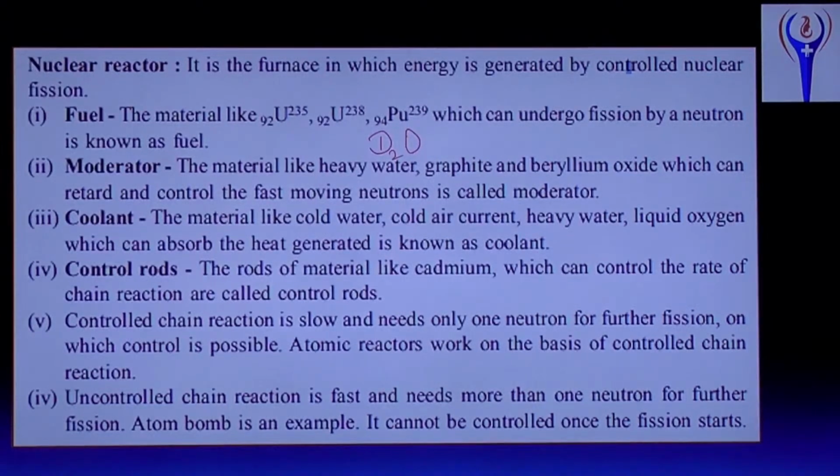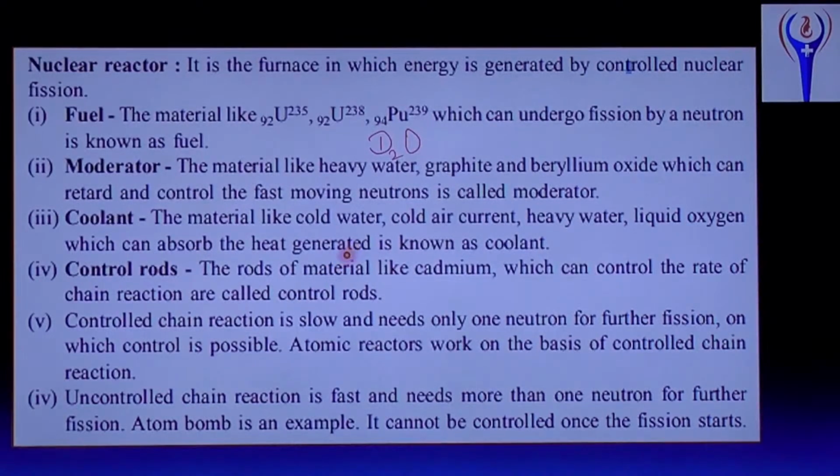And coolant: a material like cold water, cold air current, heavy water, or liquid oxygen that can absorb the heat generated inside. So that acts as a coolant. Control rods: rods of material like cadmium which can control the rate of chain reaction. We said every stage 3 neutrons are emitted.